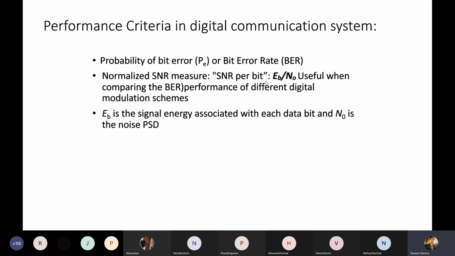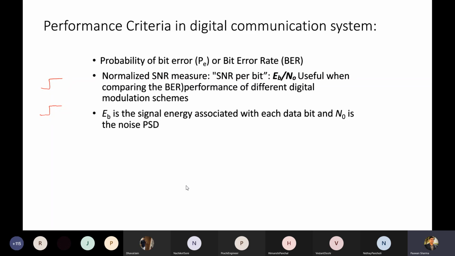Okay, how much signal level and how much noise level is there? We represent the signal like this, but essentially some noise will happen, no? So the signal will become like this. So the actual signal level and the noise level per bit, how much it is, that is represented by Eb/N0. And this is useful when comparing bit error rate performance of different digital modulation schemes.